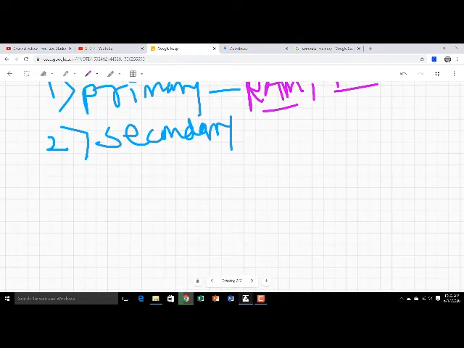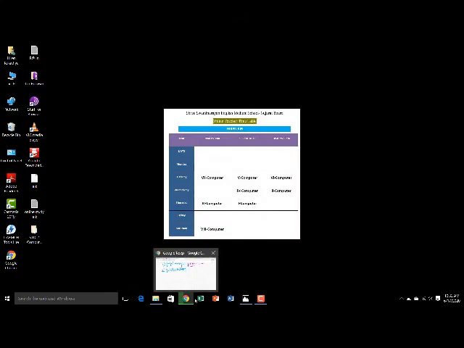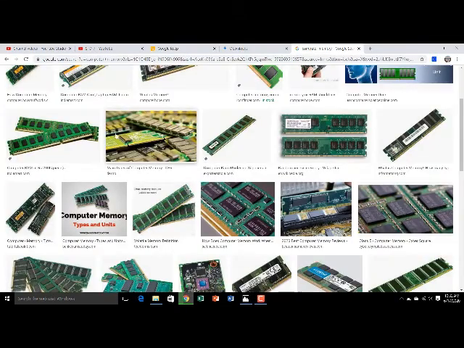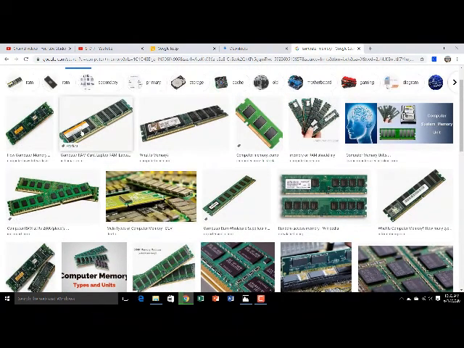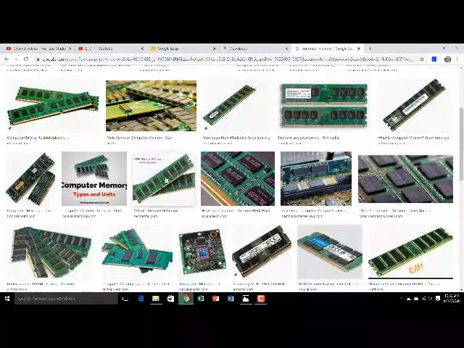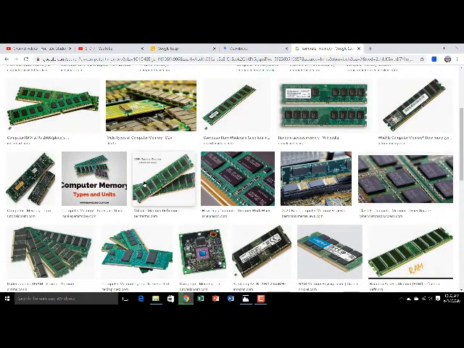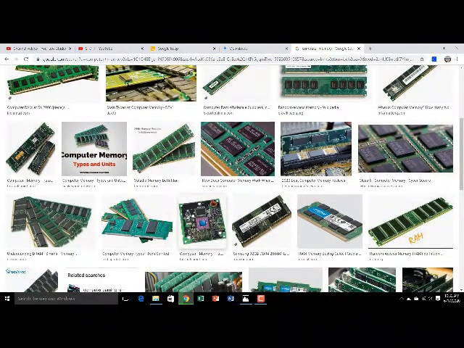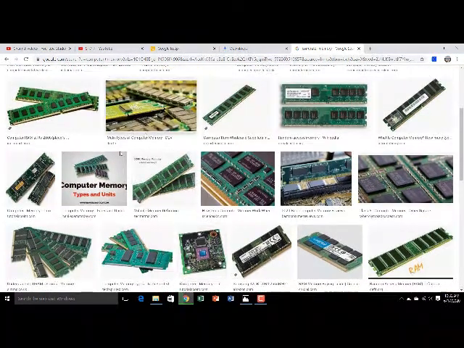Now we will see the images of primary memory. See, this is a kind of memory image. It is one piece or two pieces of memory that is stored in our computer on a motherboard, inside the CPU. See, this is the RAM.